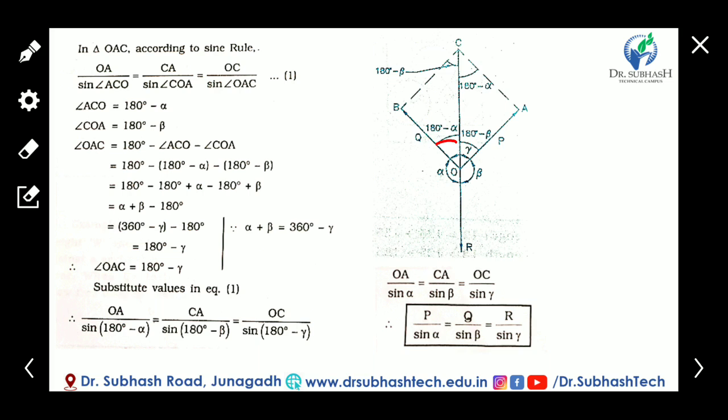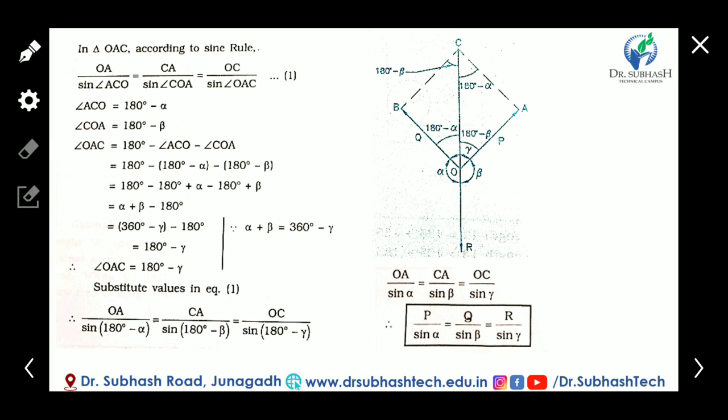So this angle is 180 minus alpha, and this angle is 180 minus beta, because the straight angle is 180 degrees. So the ACO angle first, it is 180 minus alpha. This one is the same angle, the Z angle.